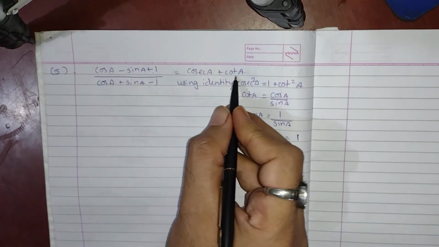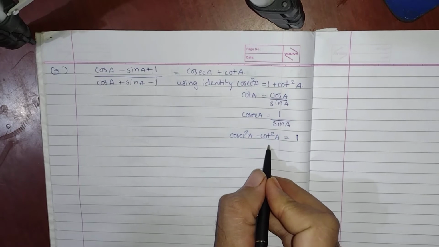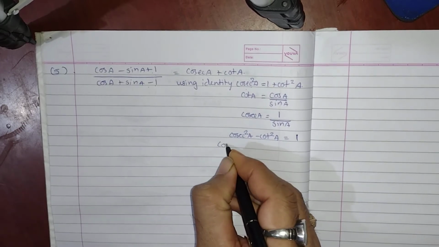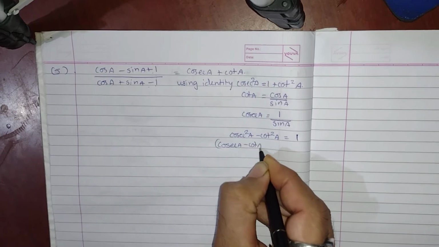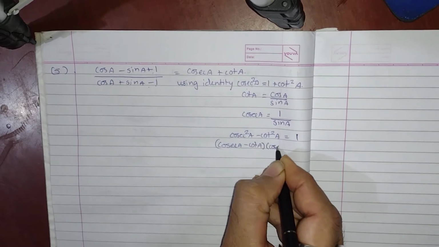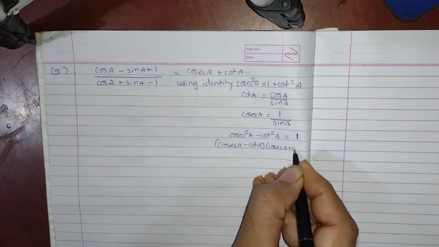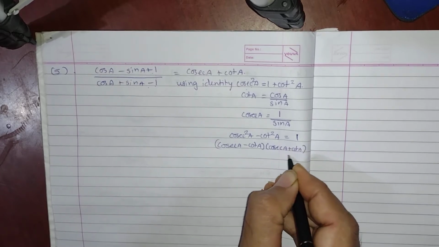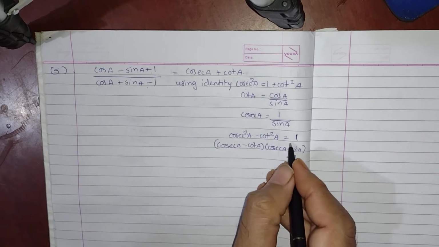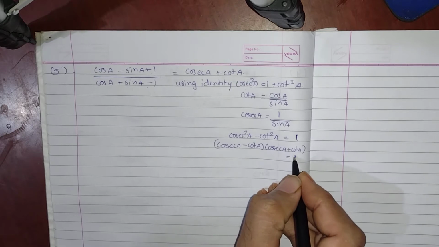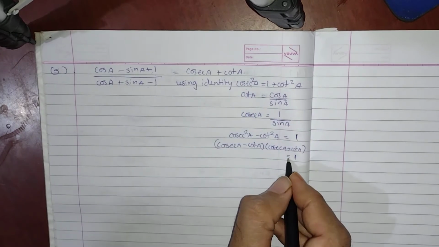The other thing we will write is (cosec A minus cot A) times (cosec A plus cot A) equals 1. This we used in a denominator in the example, now we will use it in a numerator.